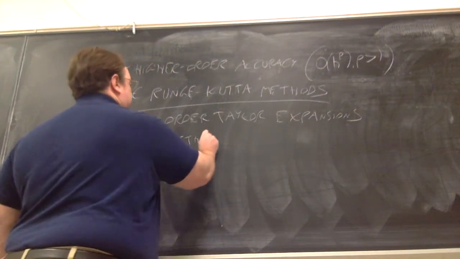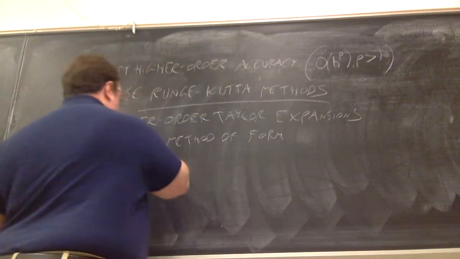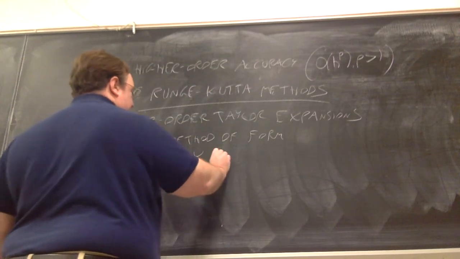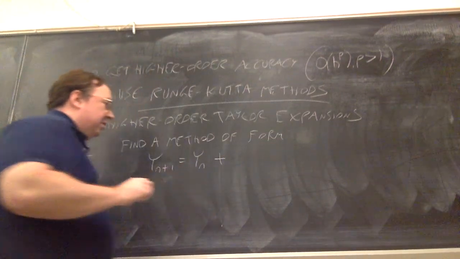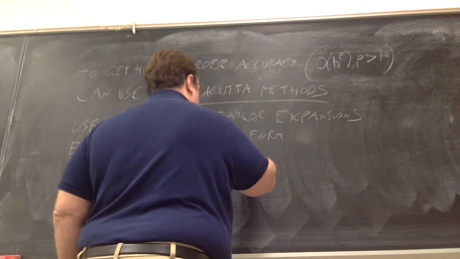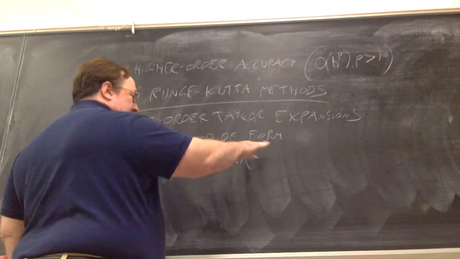So if I have a time-stepping method of this form, you see it'll start out looking like Euler's method. y_{n+1} is equal to y_n plus some other terms. And so I'll have h. But what I have now is going to be different.